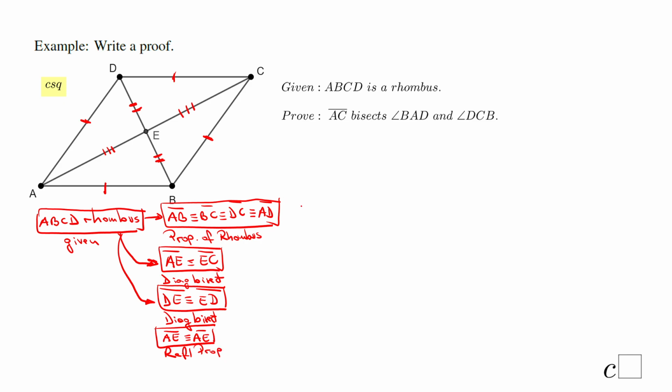Now, from this statement, AE, from this one and this one, we can write what we did before: triangle AED congruent to triangle AEB.